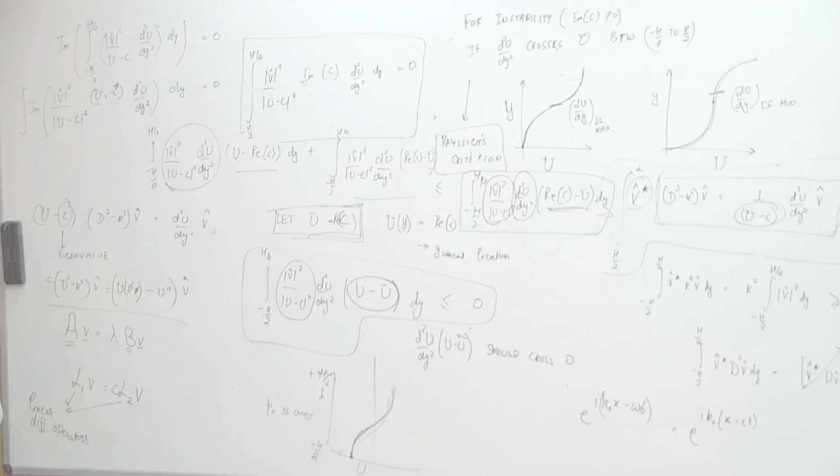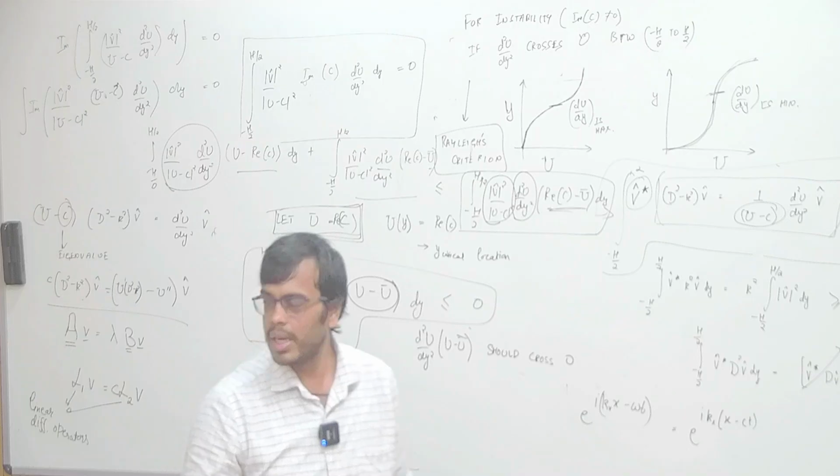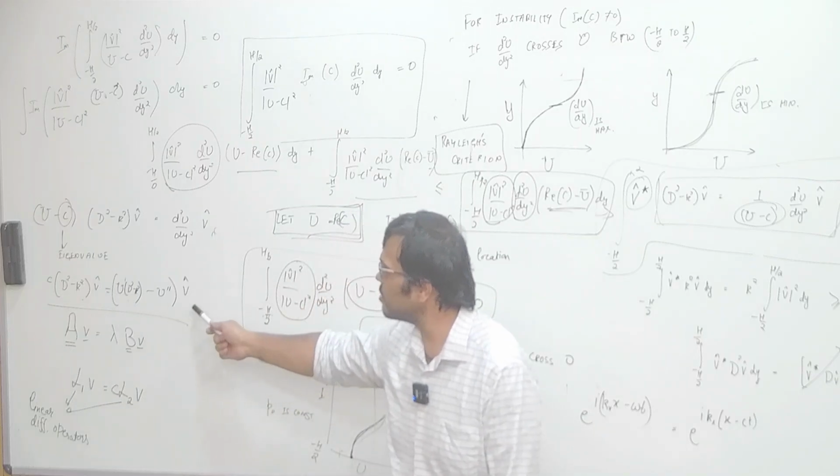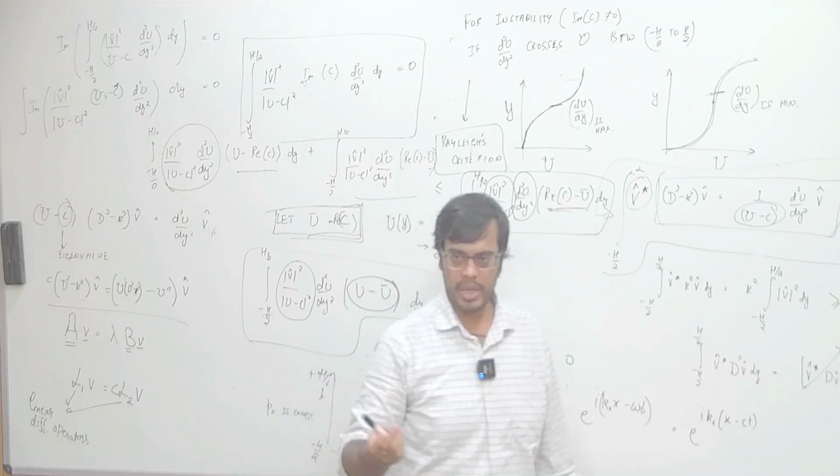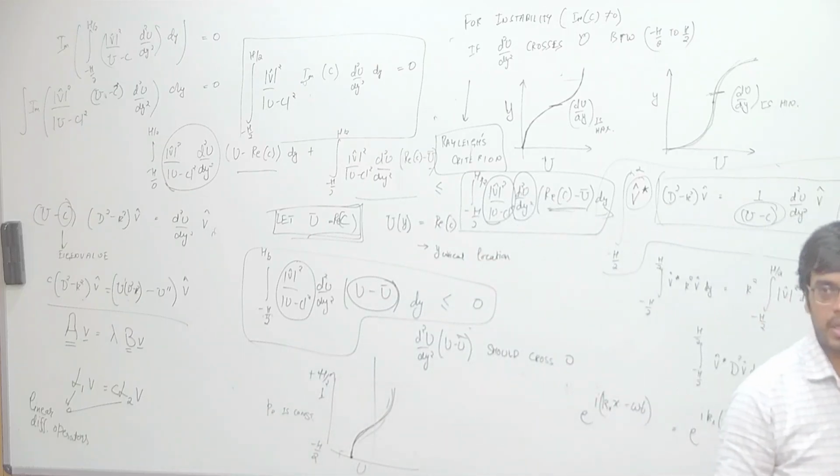Okay, for those of you who have taken the numerical courses, you know that when you discretize your space, these differential operators can be written as a matrix. So whenever you are doing any discretization, you are essentially approximating these differential operators, which are infinite dimensional operators, as finite dimensional matrices, linear operators.